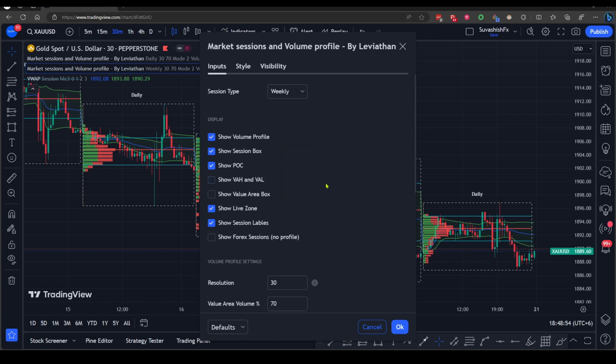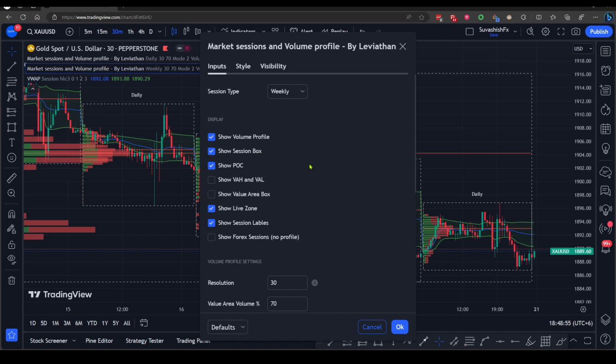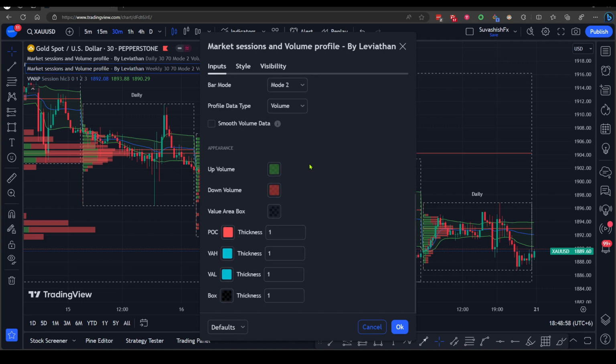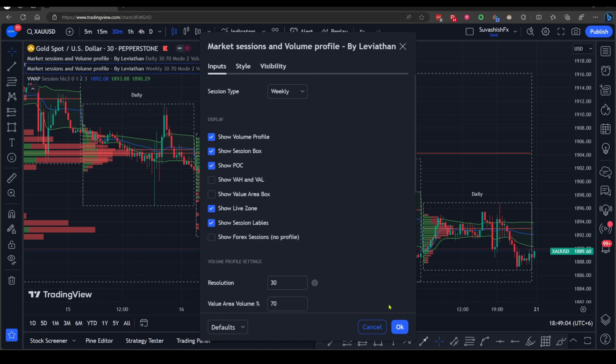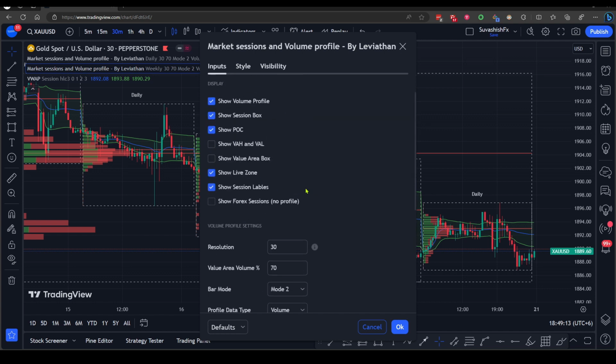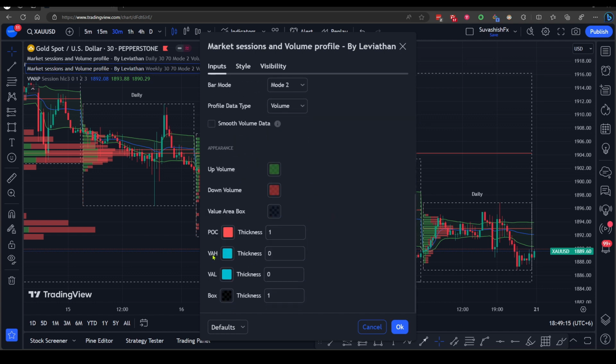Also remove that volume high and low, and in here you can make it also 0. Yeah, that's it. So one, we have to set daily and uncheck that box, and another you have to set weekly and uncheck that box as well, and also thickness we don't need, but you can make it 0.